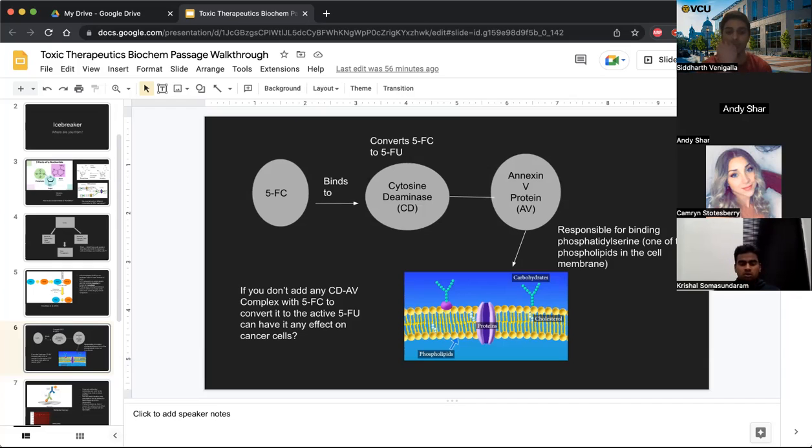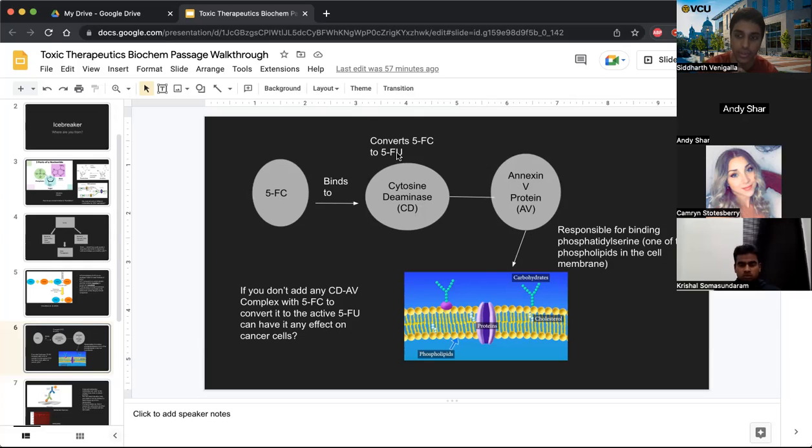My question is, if we don't add any CD-AV complex with the 5-FC, is it going to be converted to the active form? Within the CD-AV complex, the CD is what converts the 5-FC back to 5-FU after it's bound to the cancer cell. So once this whole thing binds to the cancer cell, the CD converts the 5-FC back to 5-FU, and the active form is present.